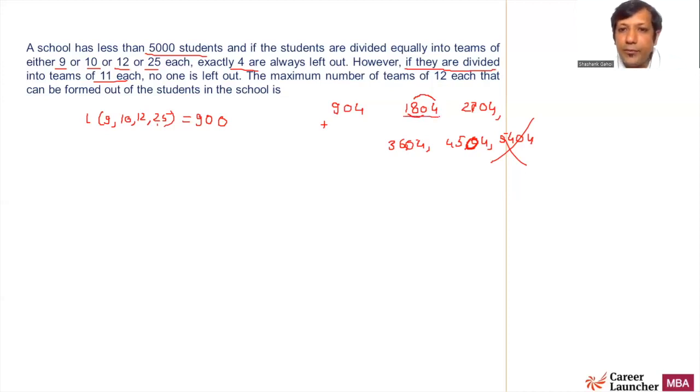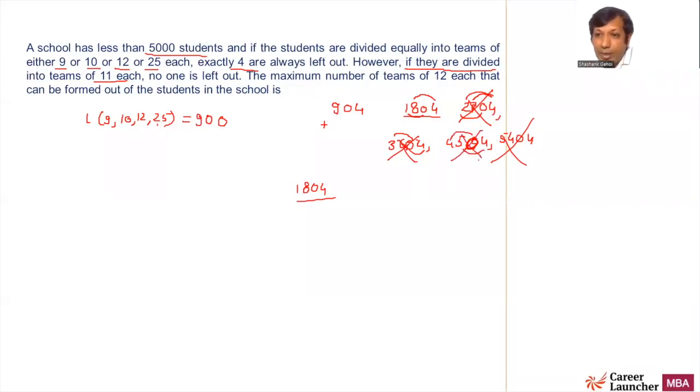So 1804 is divisible by 11, so I can have 1804 students. The other values are not divisible by 11, so they are not acceptable. So I'm definitely getting the number of students over here.